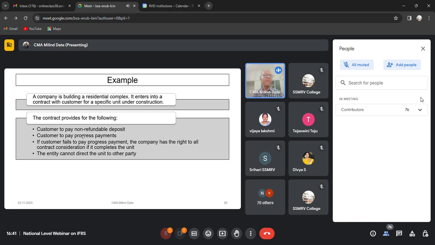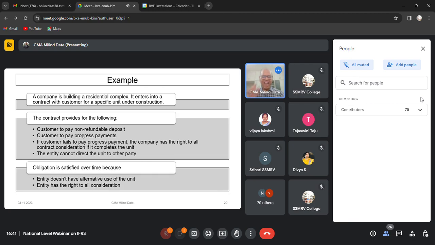So regardless of whether the customer pays or not, the company has a right to all that. The company can sue the customer and get the money. The entity cannot sell that unit to another party. If those are the terms of the contract signed by the parties, the obligation is satisfied over time, not at a single point in time. Why?